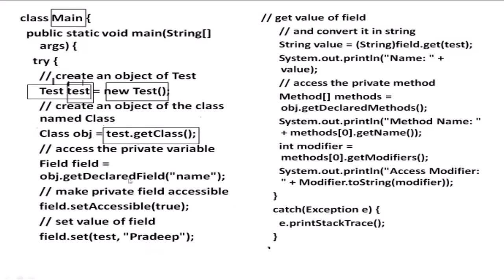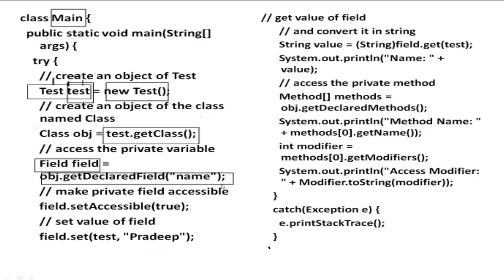Next, the field. Here we are using a field object named field, object dot getDeclaredField name. Field name means the private string variable. Whatever string you have declared, that particular field, we are declaring by using the object.